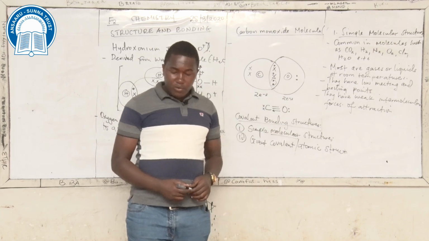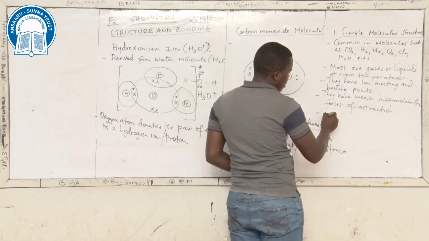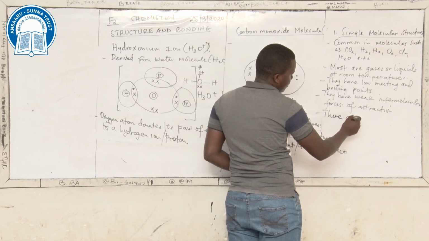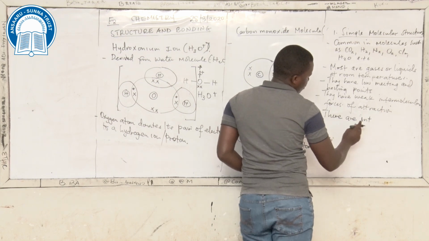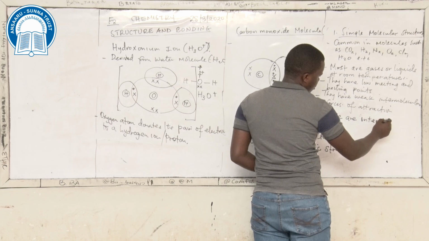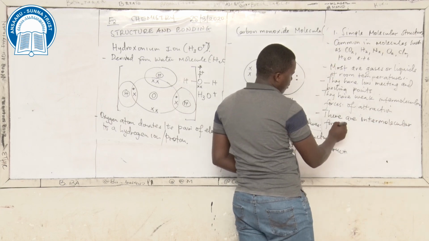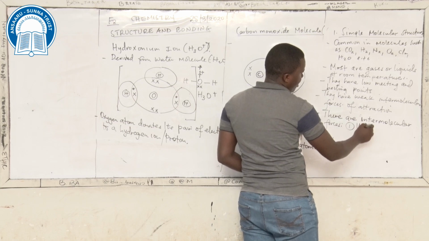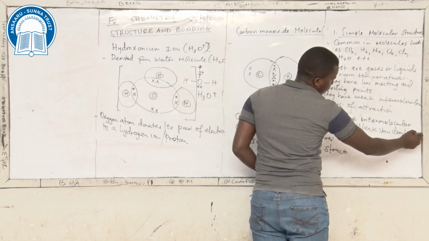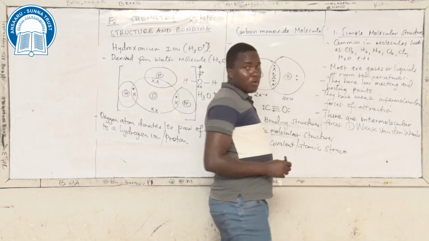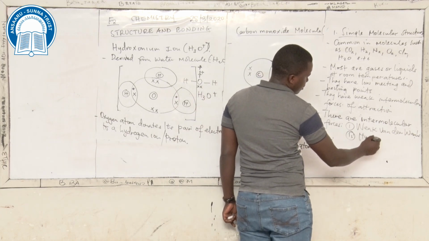The intermolecular forces of attraction, there are two in number. One is called the weak van der Waals, and another one is called hydrogen bonds.